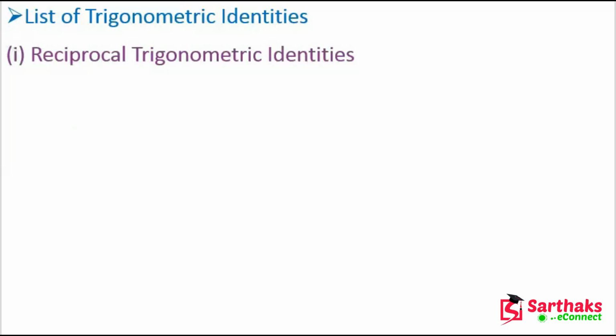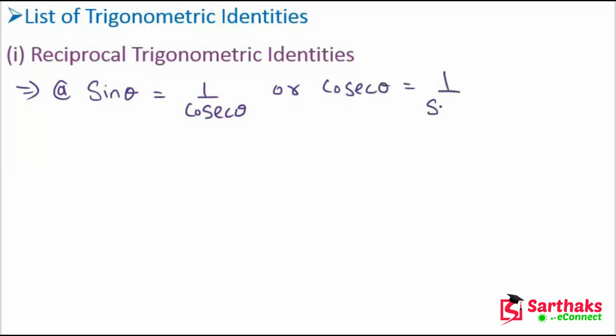First is reciprocal trigonometric identities. This type of identities we already learned. The reciprocal trigonometric identities are: sine theta is equal to 1 upon cosec theta, or we can write cosec theta is equal to 1 upon sine theta.